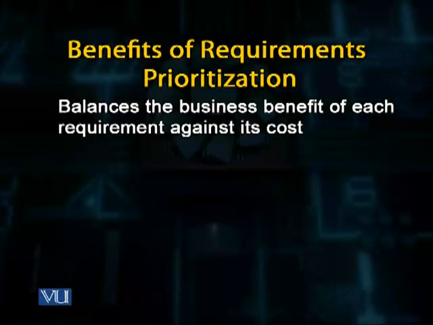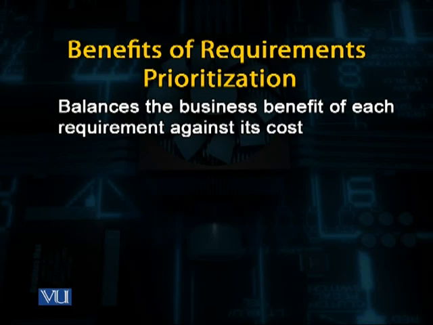This process helps us in developing what is the business benefit of each requirement against the cost, and that also will sort of eliminate some of the requirements which cost too much and provide little functionality, but are on the high agenda of some of the stakeholders.